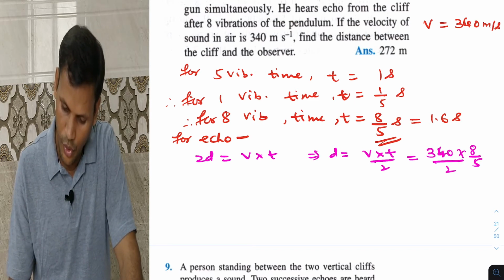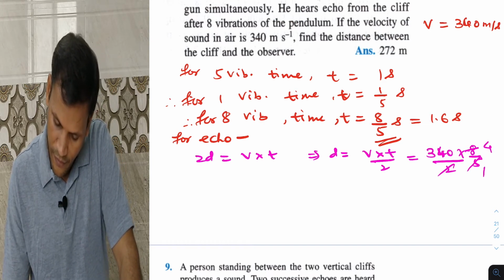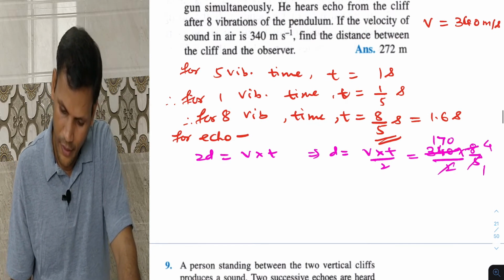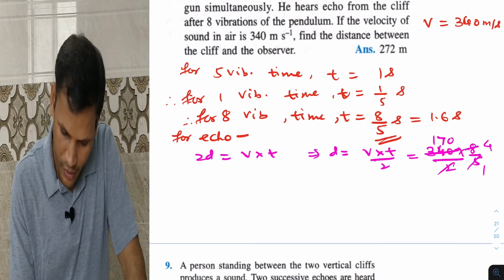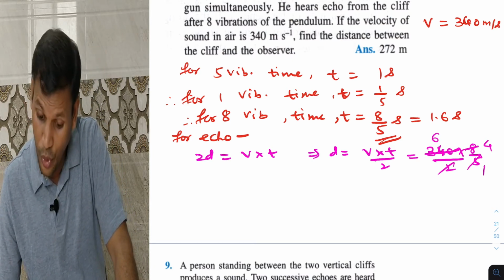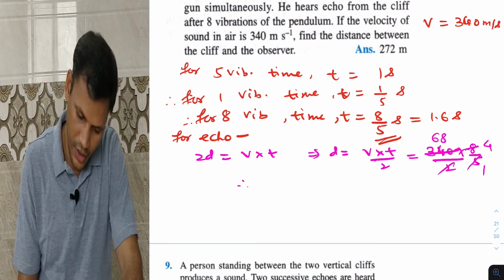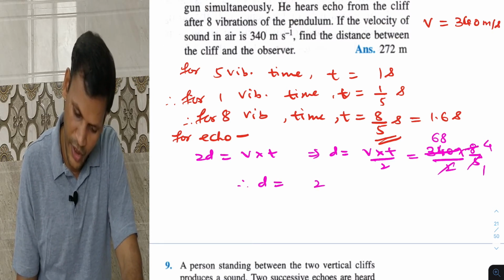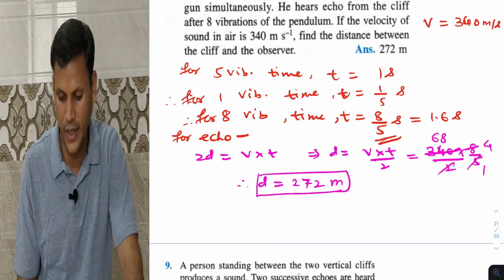So 2 4s are... 5 1s are 5 and 5... 170. Now it will be, no, 5 6s are 30 and 34, then 40, then 5 8s are 68, into 4 8s are 32 and 4 6s are 24 and 3, 272. So 272 meter we are getting.